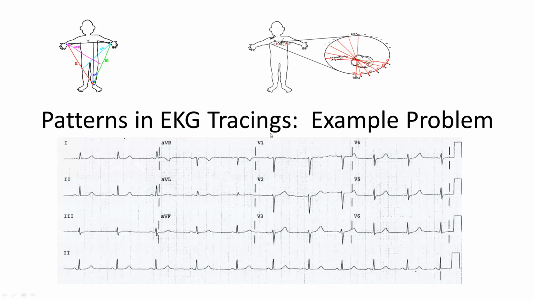So let's say you're looking at the tracing for lead V1. It looks completely different from, say, the tracing from lead 3. You see a waveform that looks like this in lead 3, but you see a waveform that looks like that in V1. So you might be wondering at this point, what do differences like that actually mean clinically?